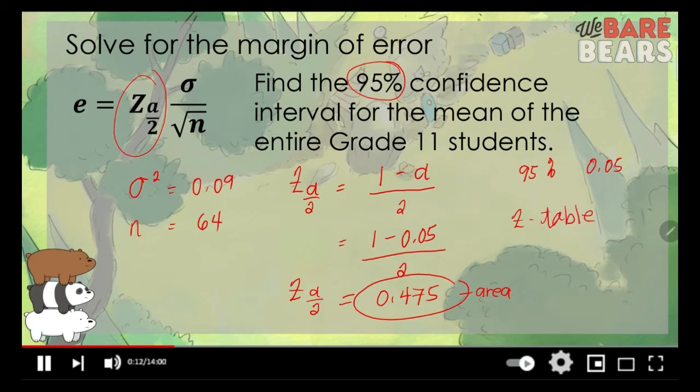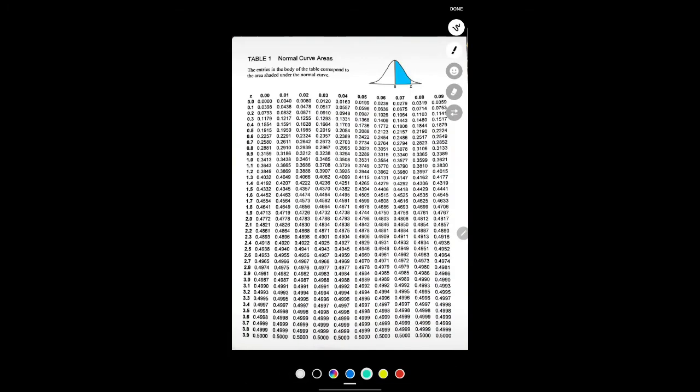So using our z-table, so as you can see mga anak, dito sa ating z-table, dito natin hahanapin yung ating nakuha na 1 minus alpha all over 2. So, ano yung nakuha nating area? That is 0.475. So, hanapin natin siya dito sa z-table.